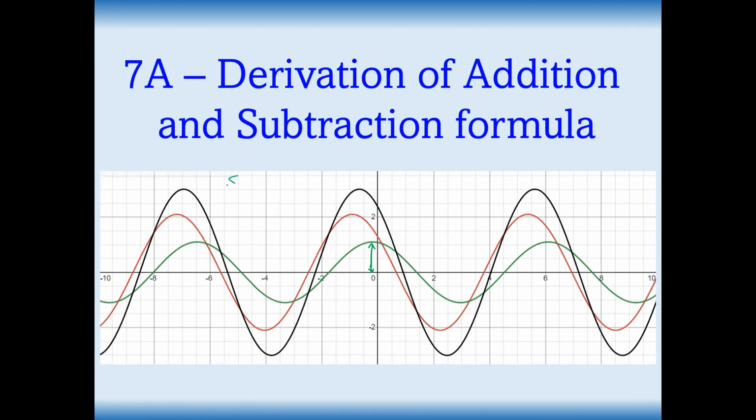What we are basically going to look at is what phase changes we need, and what amplitudes added together will help us get another sine or cosine curve. Now, I use sine and cosine interchangeably because they're simply the same curve translated by 90 degrees.